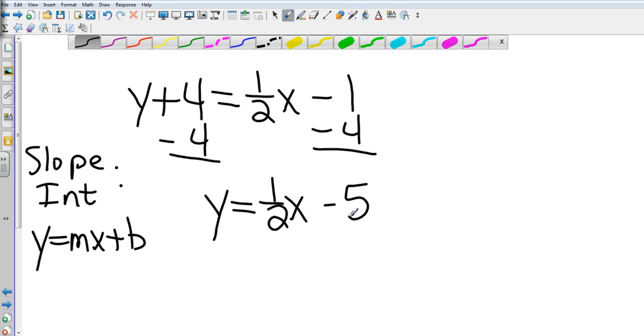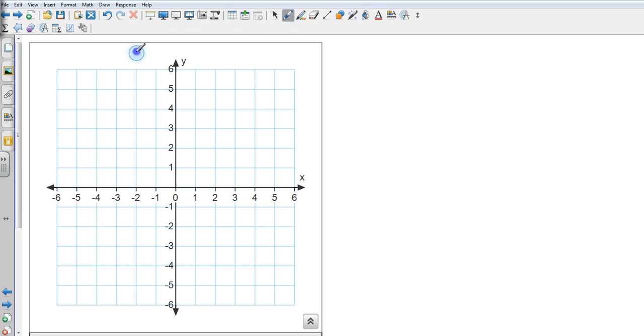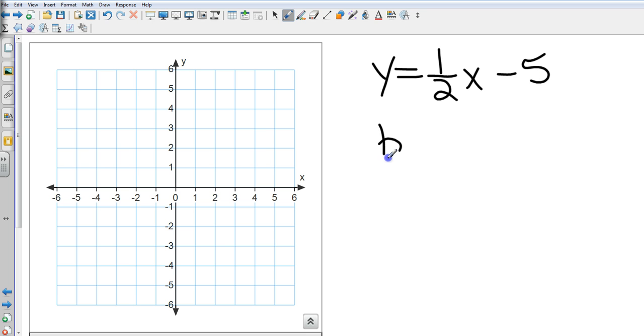Okay, so that's the form I would use if they asked me to graph it. I would put it in slope intercept form, and I would go ahead and make the graph of that. So let's make that graph. Y equals 1/2 x minus 5. So that's got a y-intercept of negative 5, and it's got a slope of 1 over 2.